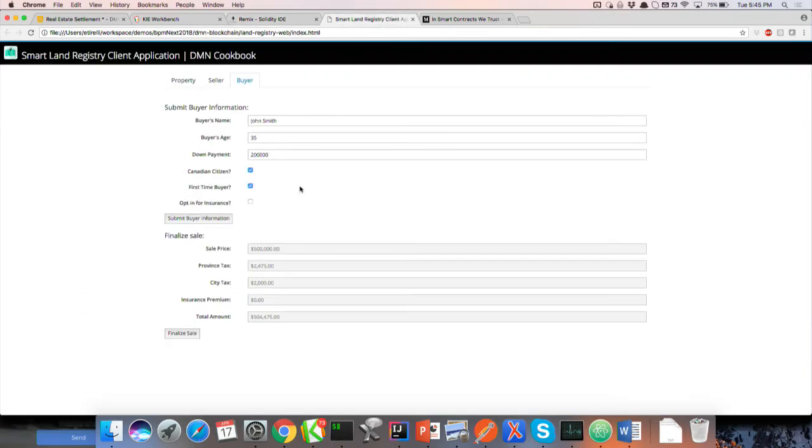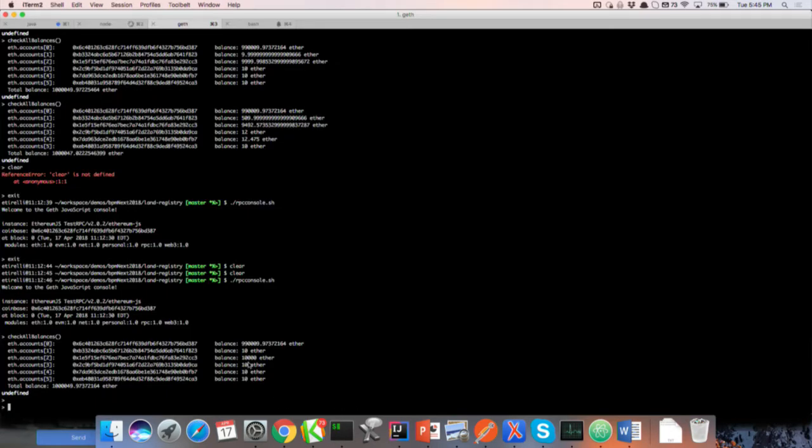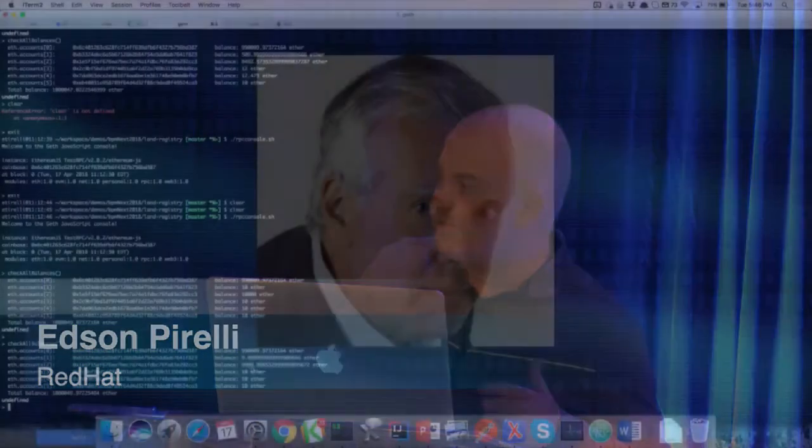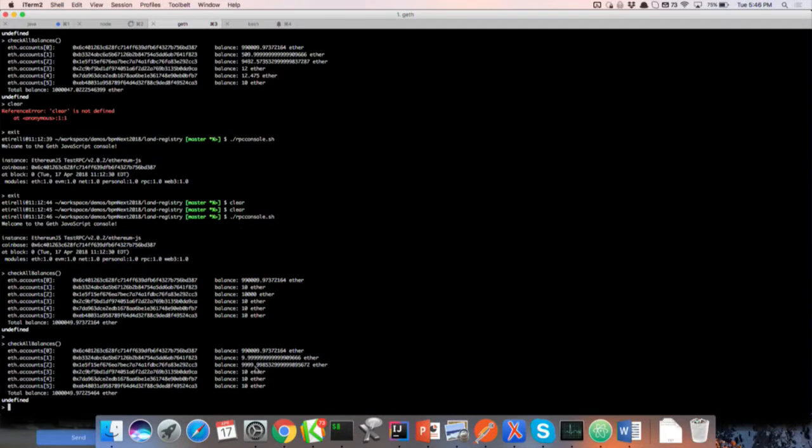And that's now what the buyer will do. Once he clicks here, he is actually paying money. So he had 10,000 Ether minus the transaction cost. Actually, let me show you this because it's interesting. As I said, all transactions in the network interacting with the contract cost money. So you see that the buyer started with 10,000 Ether, but now he has a little shy of that because he was interacting with the contract.